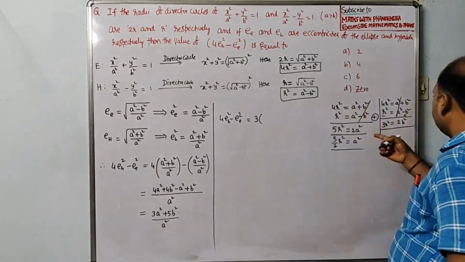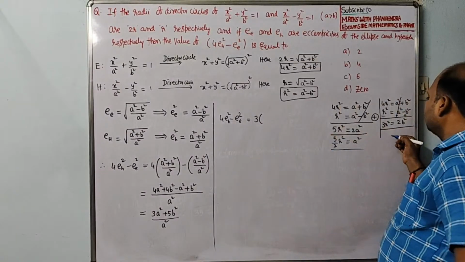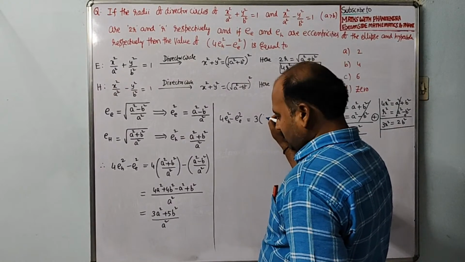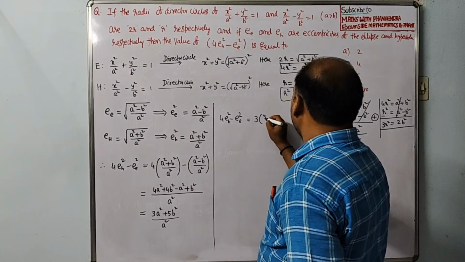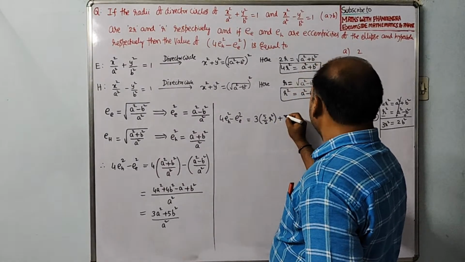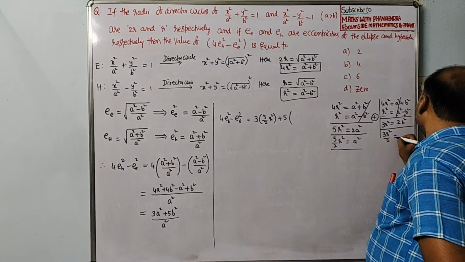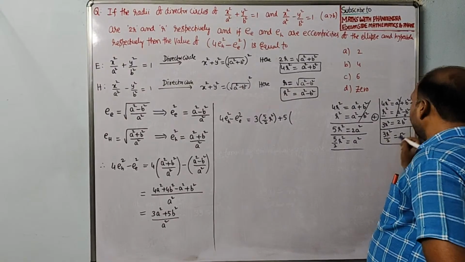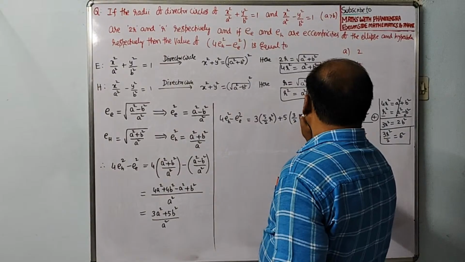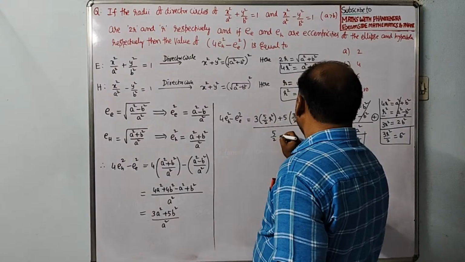So 3 into a square means 5 by 2 r square, plus 5 into b square value from here, 3r square by 2 is equal to b square. So 3 by 2 r square divided by 5 by 2 r square.